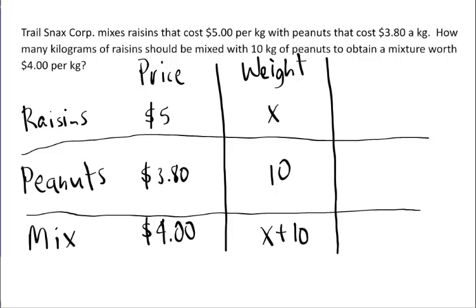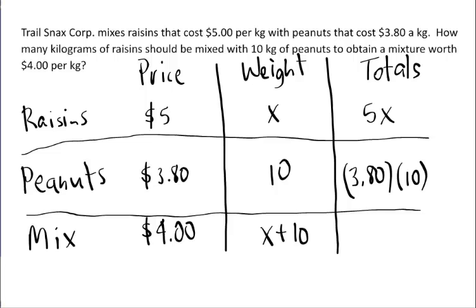And then we're going to look at our totals. So now multiply. $5 times x is going to be 5x. 3.80 times 10. And then we're going to go 4 times x plus 10. So here's your setup for this. Basically, we want to know how many kilograms of raisins should be mixed with 10 kilograms of peanuts to obtain a mixture worth $4 per kilogram.